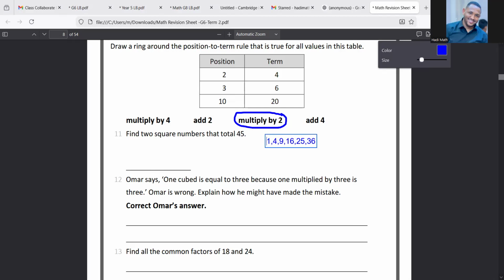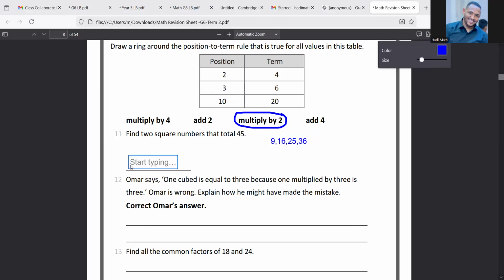Then go one by one. 1 needs 44 to be 45. No way. Go out. 4 needs 41 to be 45. No way. Go out. 9 needs 36 to be 45. Yes, we have 36. Okay, so I could say yes.